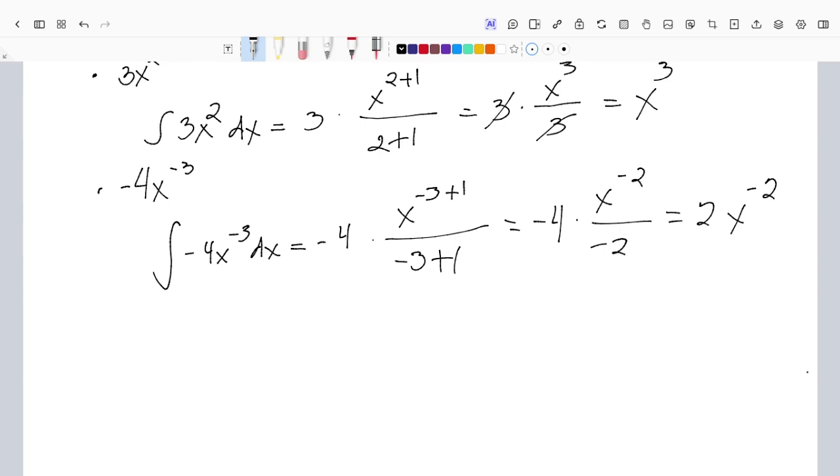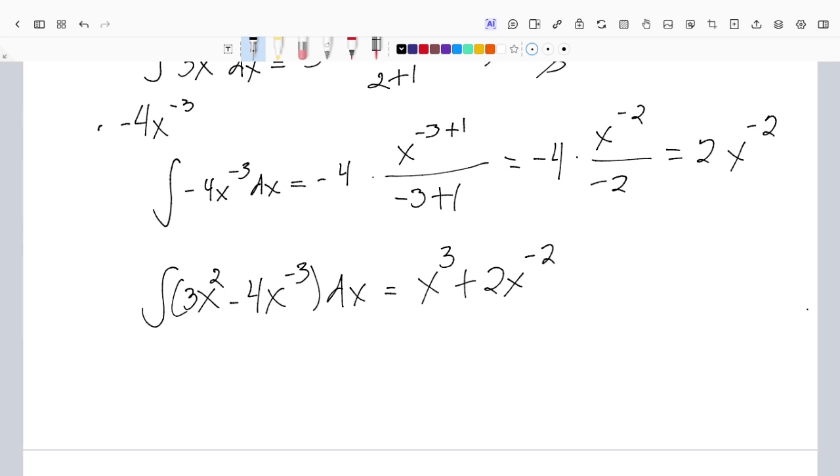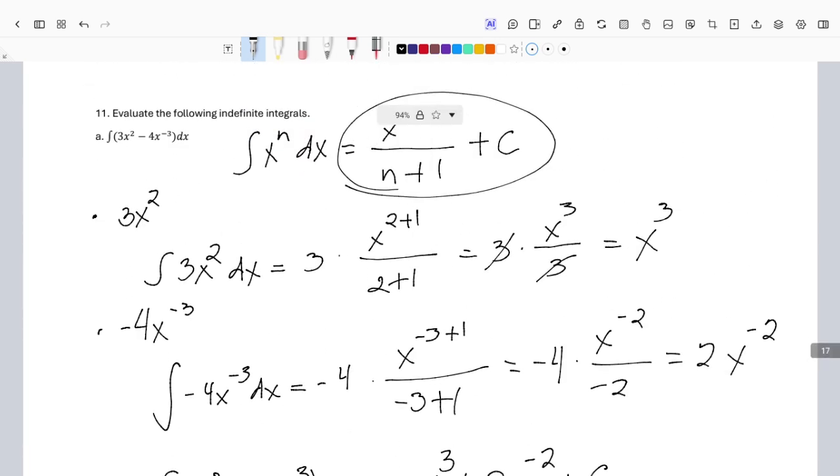And as we already solved each term, let's combine terms by adding the results together. The integral of 3x squared minus 4x raised to negative 3 dx equals x cubed plus 2x raised to negative 2 plus c, our constant.